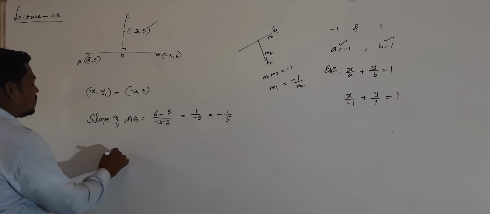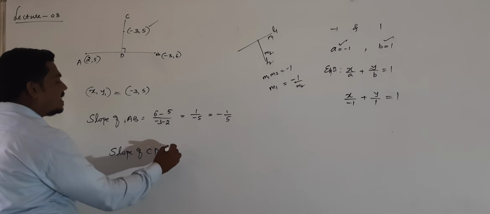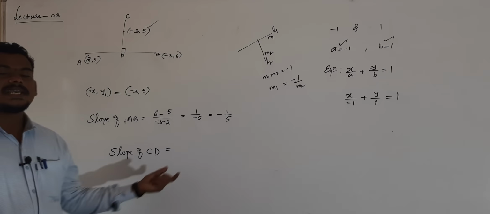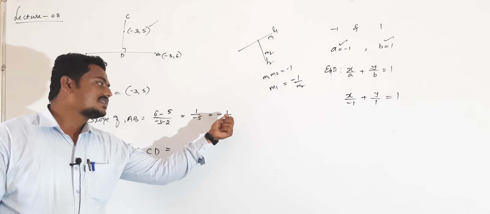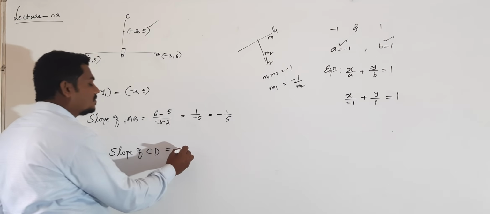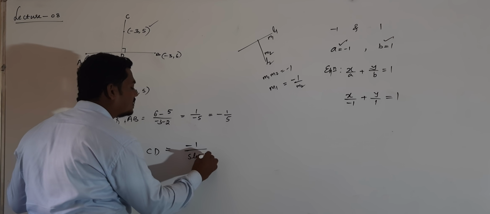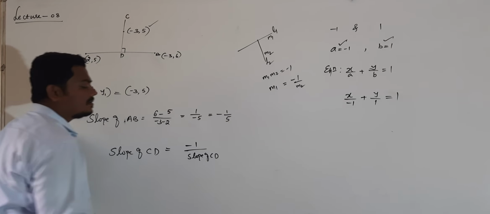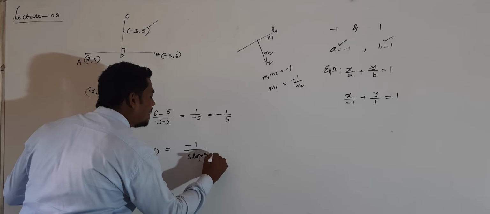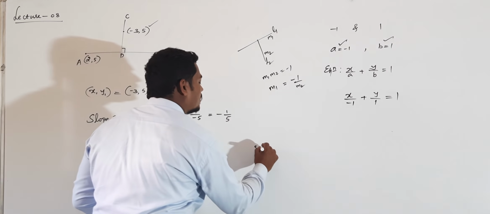Means slope of CD, our required line, is, since slope of AB is minus 1 by 5, equal to minus 1 divided by slope of AB, because product of slopes equals minus 1.